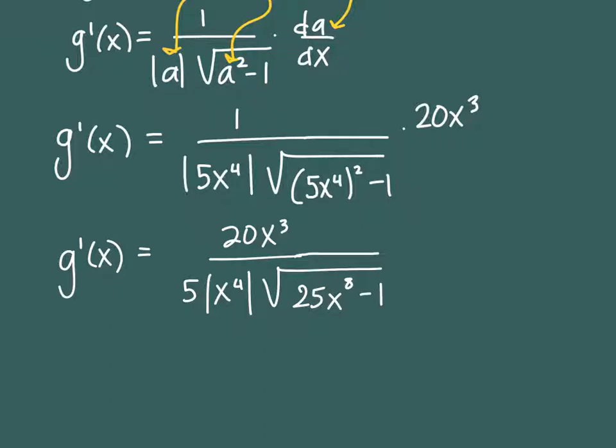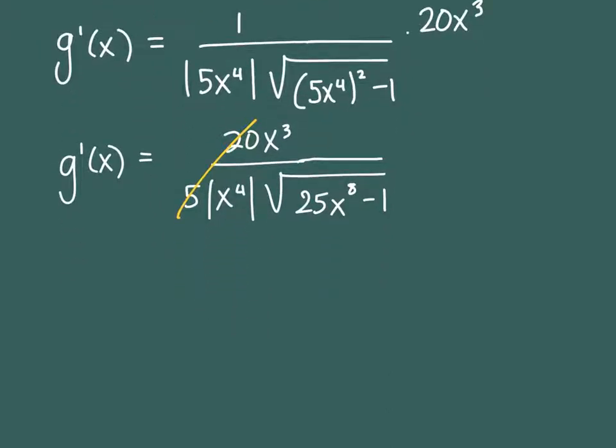Then I look to reduce. I could pull the 5 out because I was guaranteed it was going to be positive. And so that was fine for me to do that, which allows me to reduce the 20 and the 5. Be careful when you reduce variables, though. X to the 3rd, and then absolute value x to the 4th is reducible, but you have to remember to preserve the absolute value. So I'm going to have 4x to the 3rd in the numerator.